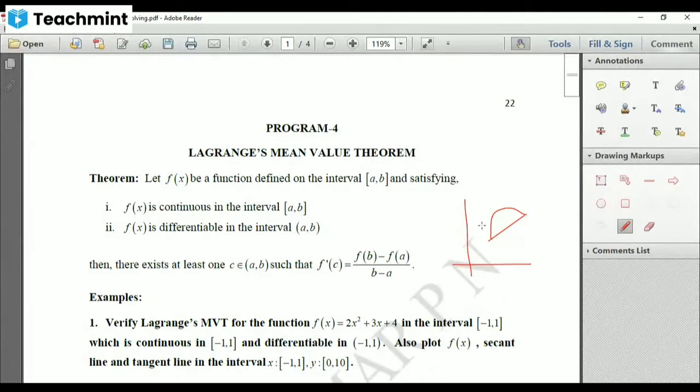That will be the same as the slope at some point c. These two slopes are one and the same. That is the meaning of this. Okay, so this is the tangent.